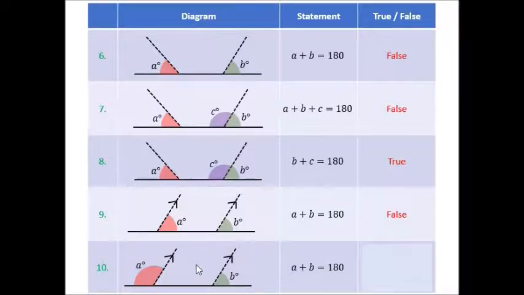You should be able to notice that this angle here is the same as this angle here. So if I move this line across, because these are parallel, angle B fits nicely in here. Therefore we have a semicircle, so A and B together make a straight line, so they do add up to 180 degrees.